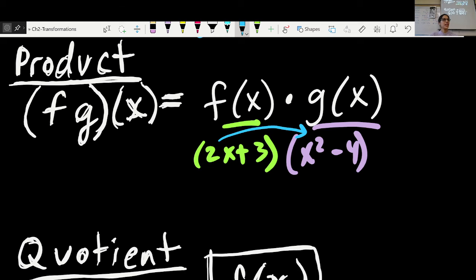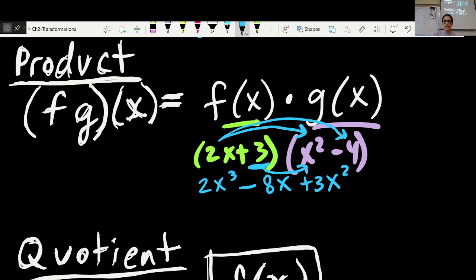When we multiply these, 2x cubed. Minus 8x. Then I go to my inside terms last, so plus 3x squared. And when I multiply those, we get minus 12.